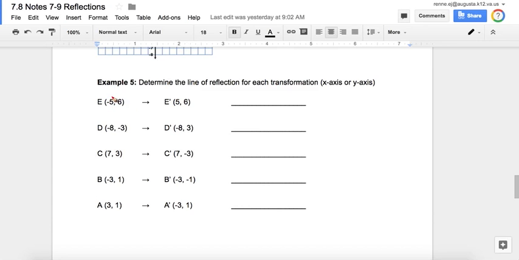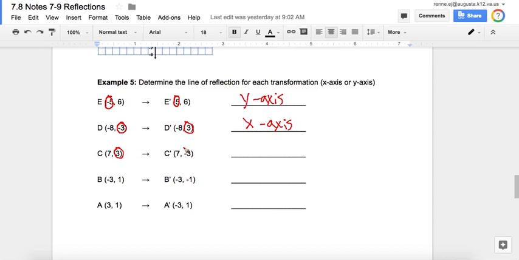Okay, this one, I'm going to circle the difference. So if you didn't circle the difference when you did that, you might want to. So the x's changed, so that means it reflected over the y-axis. Okay, D, the y's became opposites, so that means it reflected over the x-axis.